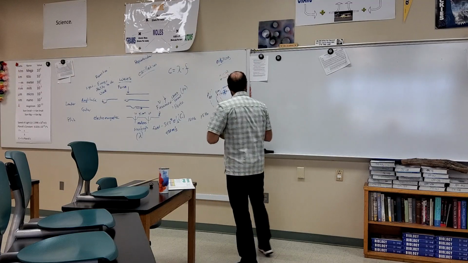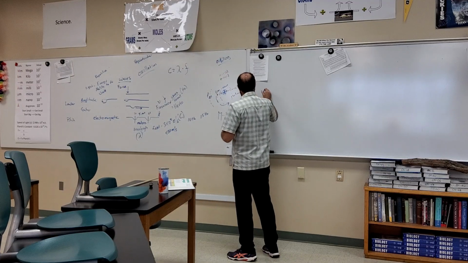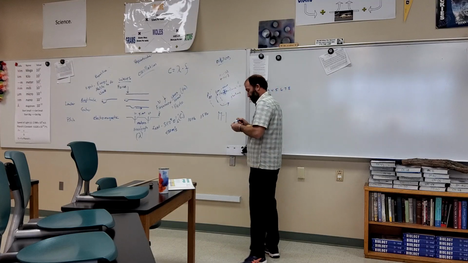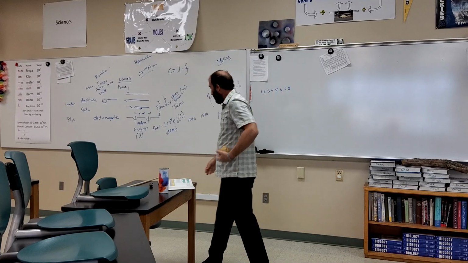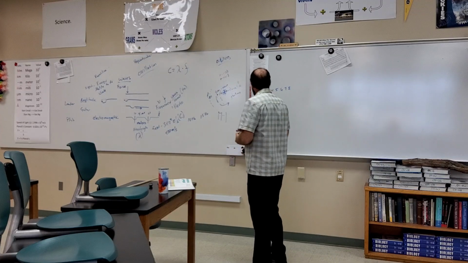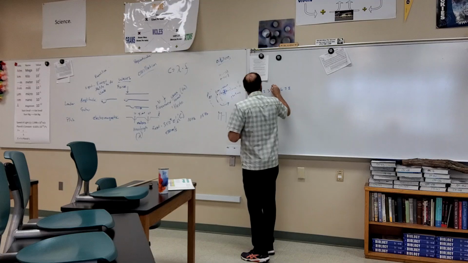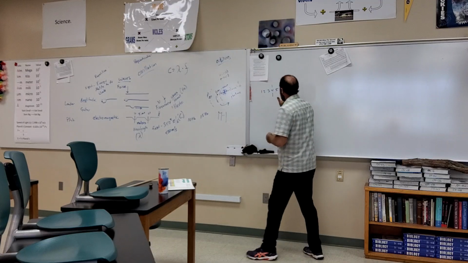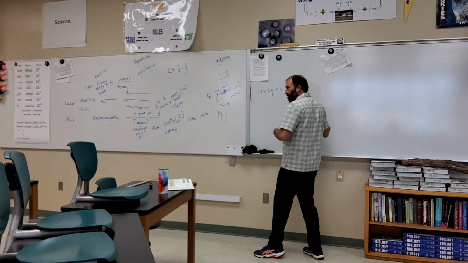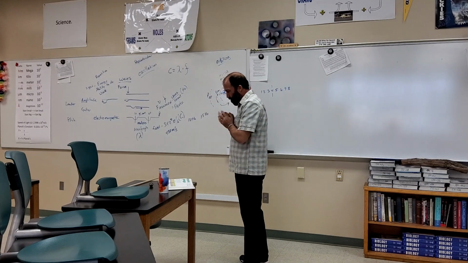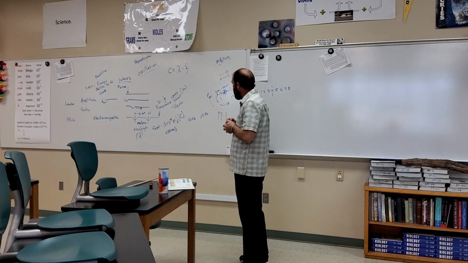Let's have some frequencies: 1, 2, 3, 4, 5, 6, 7. Below a certain minimum, let's pick 4, there wasn't an effect. After that, there was an effect. So how do we describe this?